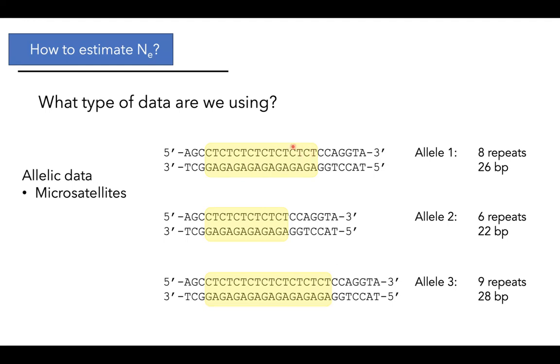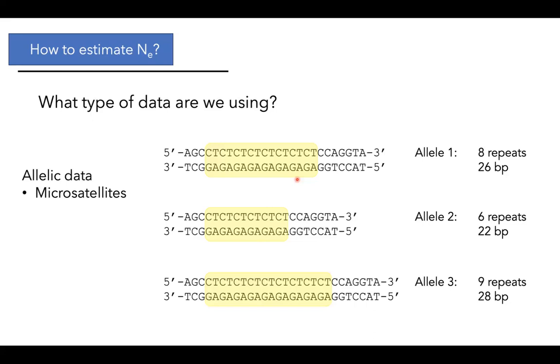That's the microsatellite, highlighted in yellow here. The microsatellite itself with 8 repeats of a dinucleotide motif would be 16 base pairs long. If we include this entire fragment with the unique flanking region, we get a fragment that's 26 base pairs long. So this is one allele.